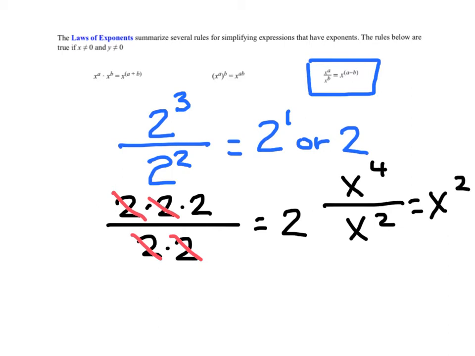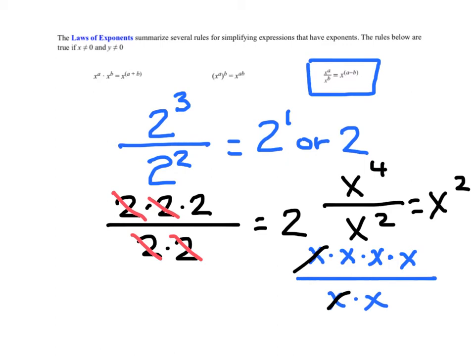And I can double check to make sure that's right, and it is. x to the 4th means x times itself 4 times. x squared is x times itself twice, and then 2 x's would cancel in the numerator and denominator. I'd be left with x times x, which is equal to x squared.